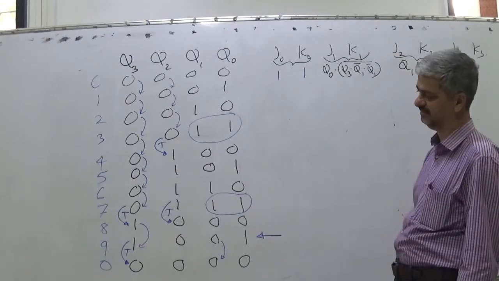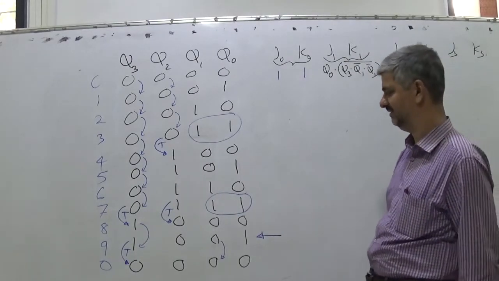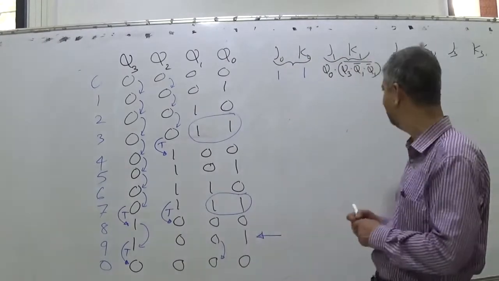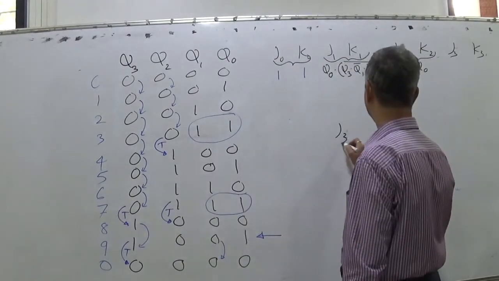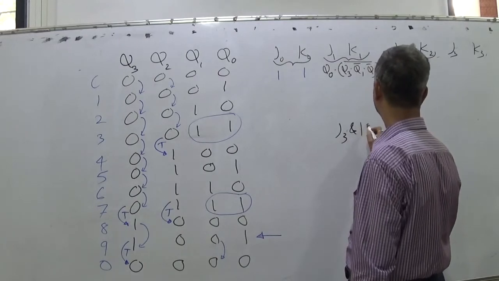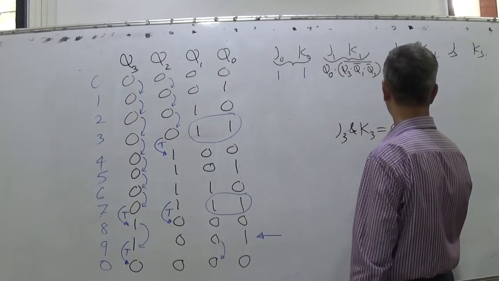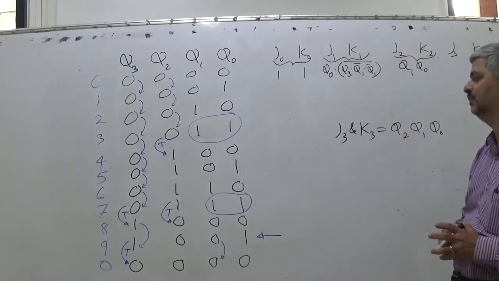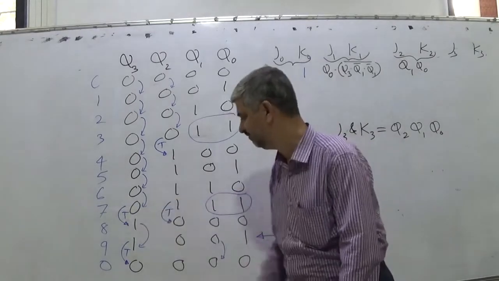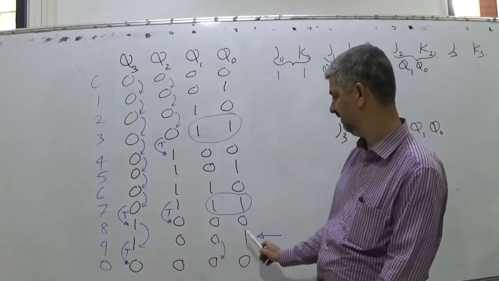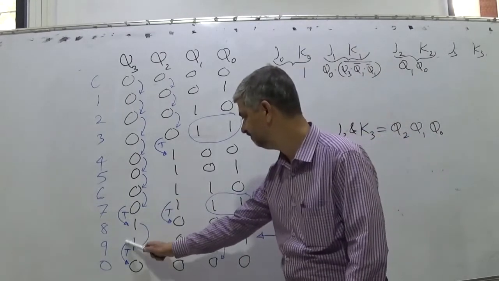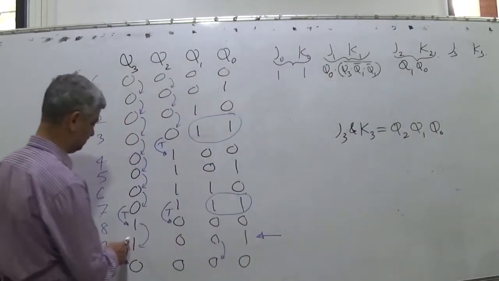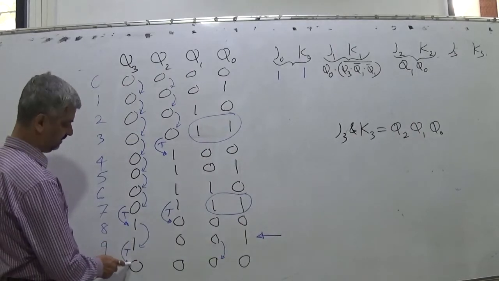This toggling is there. So just like a binary counter, if you say that J3 and K3 equal Q2, Q1, Q0, then this toggling will take place. But what about this toggling? What is the peculiarity here?